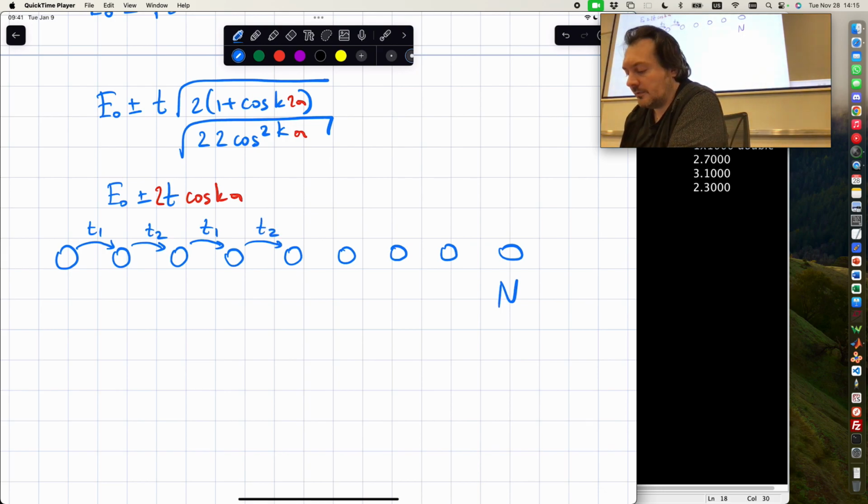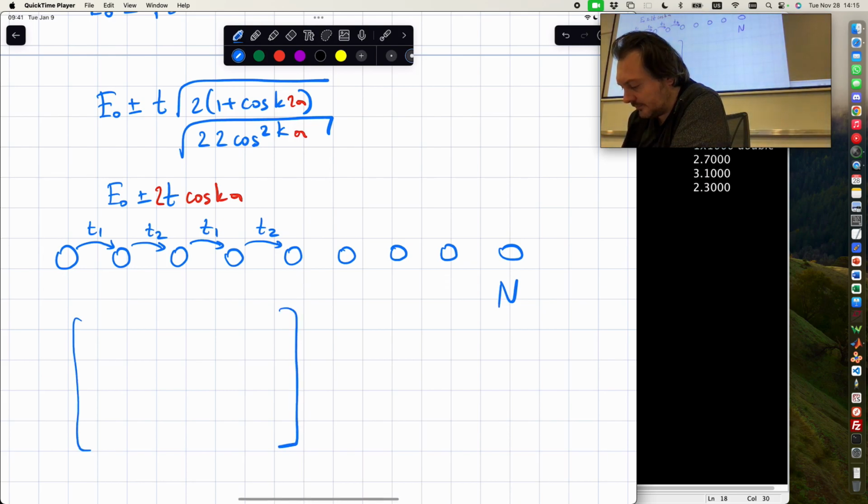So if you are going to write a matrix for this one, it's E0 on the diagonals, and T1, T2, T1, T2, T1, T2 over here.